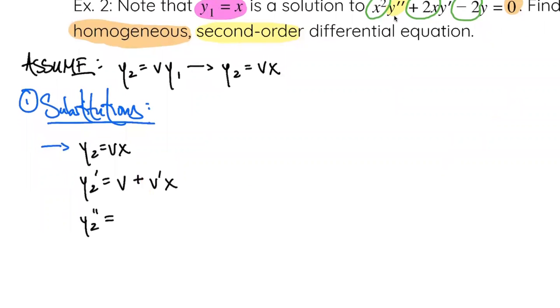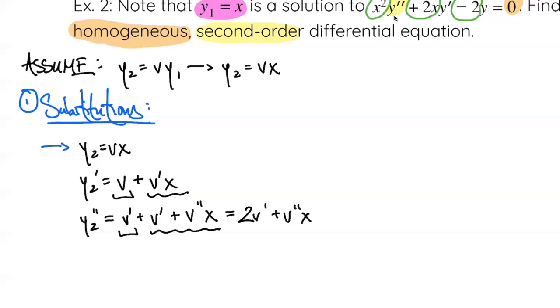The first term we can leave as v prime plus, what do we have? V prime times 1 plus v double prime times x. Right, so this became this, and the second term became the second 2 terms. And we can cluster the v primes into 2v prime plus v double prime x.